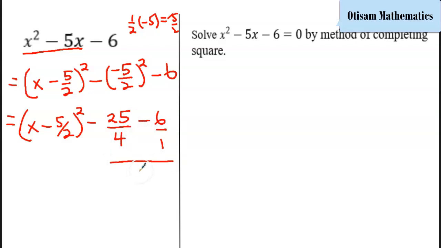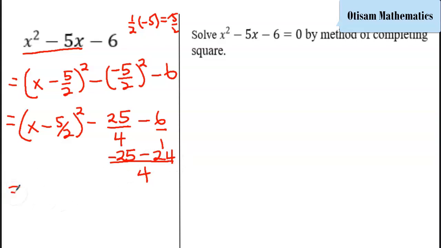So we can find the LCM. So what is the LCM? LCM is 4. 4 into 4, 1 times minus 25. And then 1 into 4, 4 times minus 6. So you have minus 24.